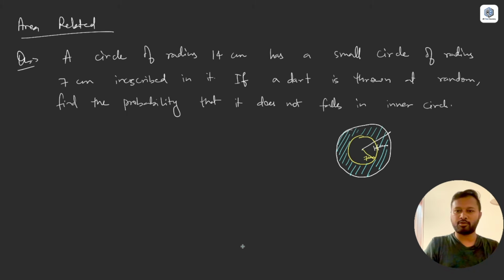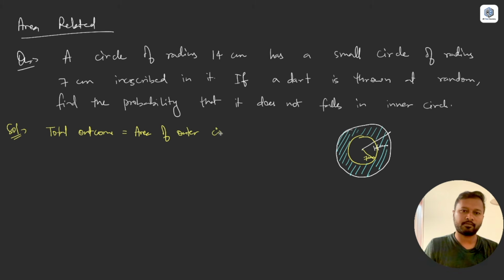So now you have to find the solution of this. How are you going to solve it? First of all, your total area, meaning this outer region, will be the total area. So your total outcome is basically the area of the outer circle, and the formula is pi r square, right?